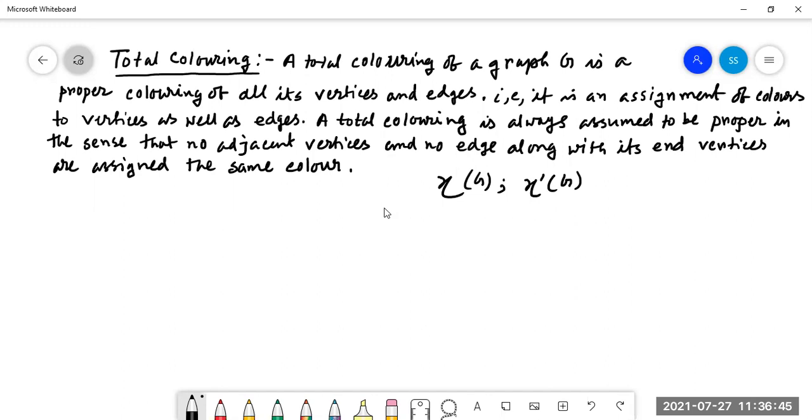So if we color the vertices as well as the edges properly, that is called the proper coloring or total coloring. We have to color the vertices and edges so that no two adjacent vertices are in the same color and no two incident edges are in the same color. That is the main thing. Now we shall take some examples of proper coloring.